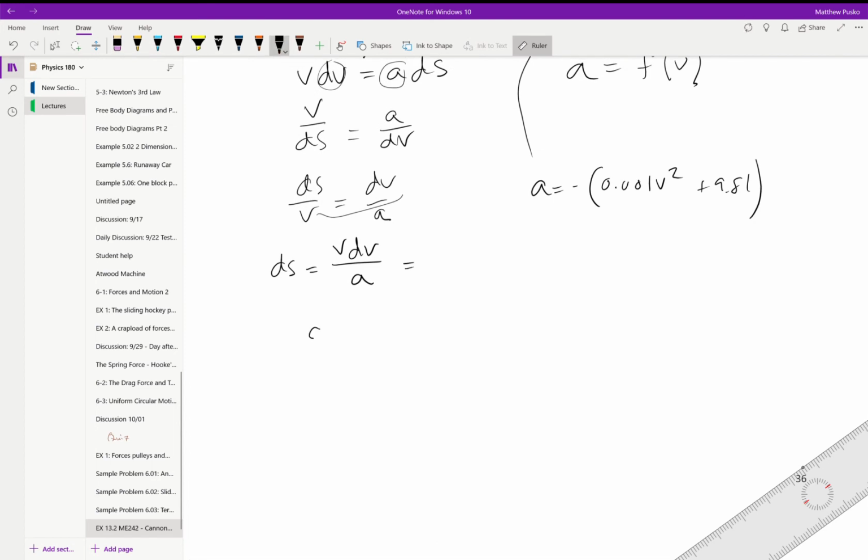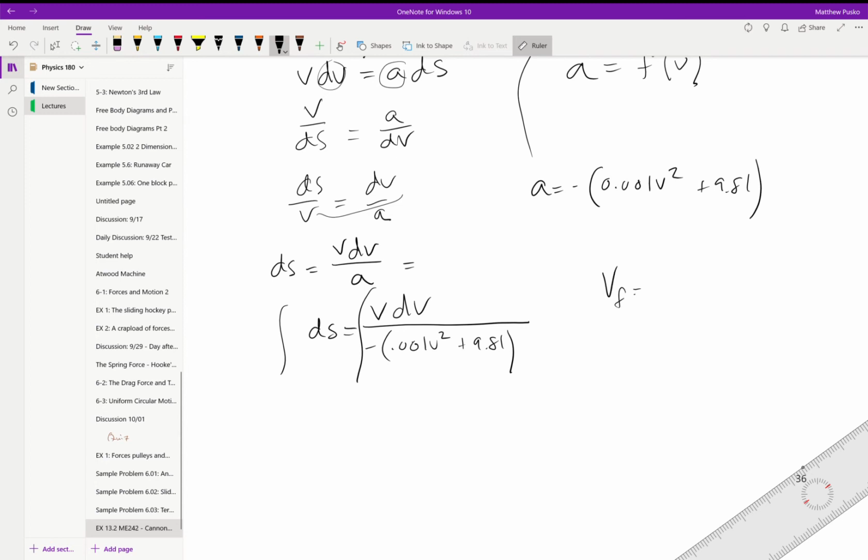Plugging in, I get ds is equal to v dv all over negative 0.001 v squared plus 9.81. This is a function of velocity, so now we have all the velocity terms on one side. Now we can just integrate both sides. We want to know what happens when something reaches its maximum height.